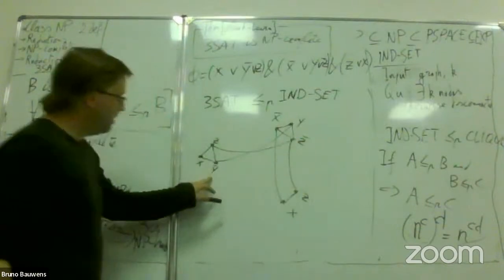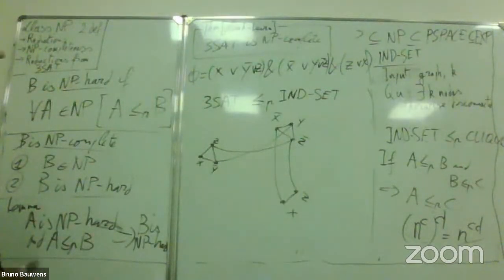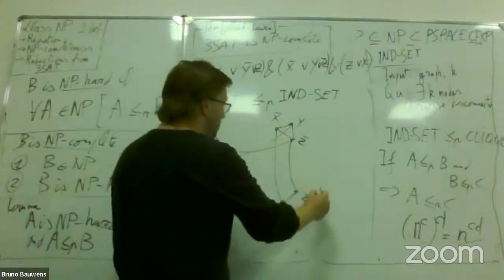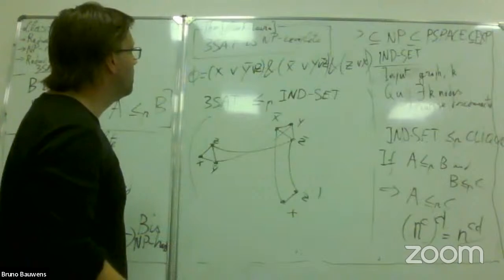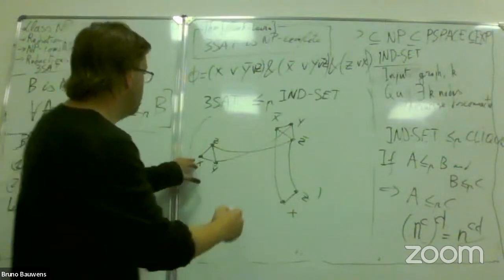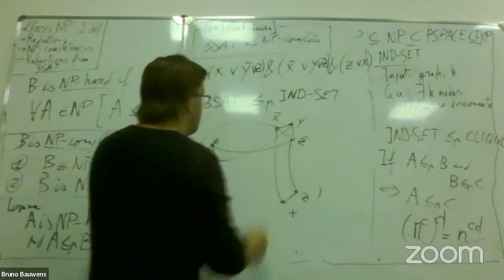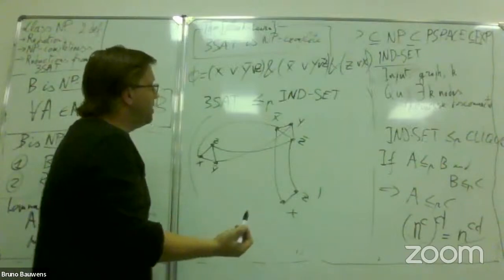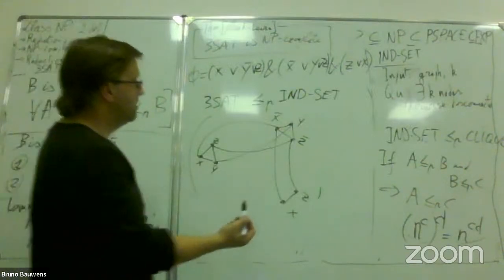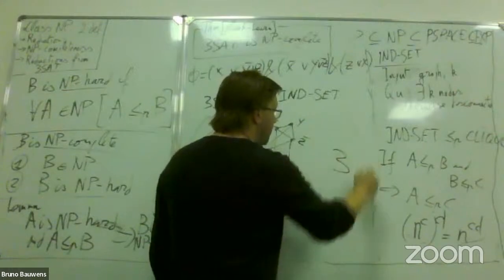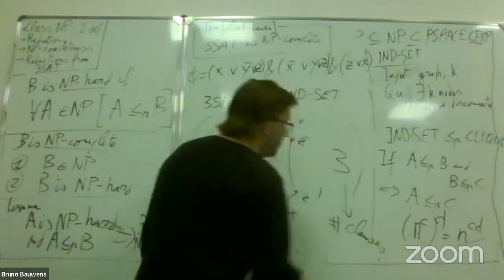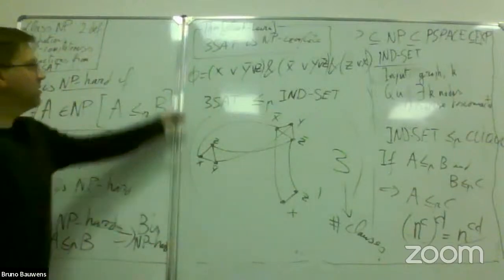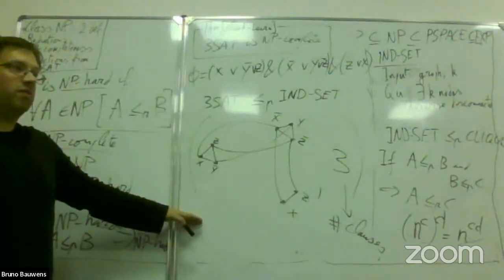The left triangle has an x, the upper triangle has not x. Should they be connected? Yes, thank you. And the number k here is the number of clauses. So in our example, it will be 3. So that's the reduction from formula to graph.